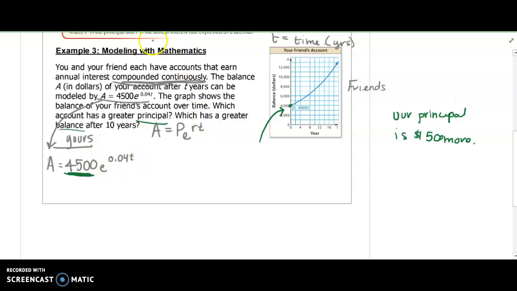Okay, so when t is 10, so 4,500 e to the 0.04 times 10. Okay, I get roughly 6713.21. Now my friends, if I go to year 10, here's 10, I go up right there, and it looks like it's roughly, I don't know, 7,200, just above 7,000 it looks like.